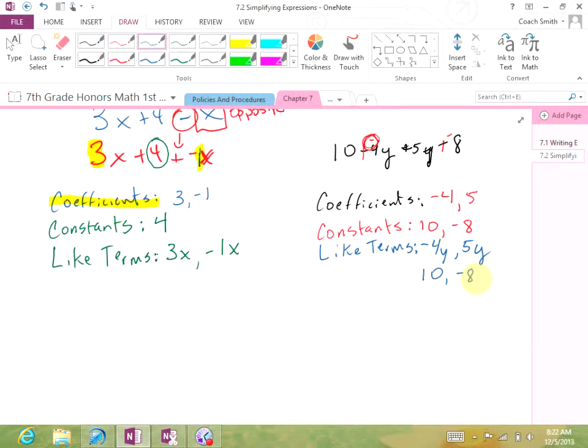So we can put the two constants together. Because what they're basically asking you is what of these numbers, or what of these terms, can you put together? And so this whole thing right here would be the answer. A lot of information there.